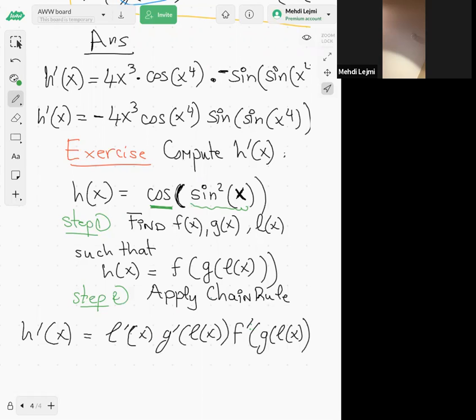The chain rule is actually the main rule when you compute a derivative, and I would say the hardest one. Once we are done with the chain rule, we are almost done with the derivatives.